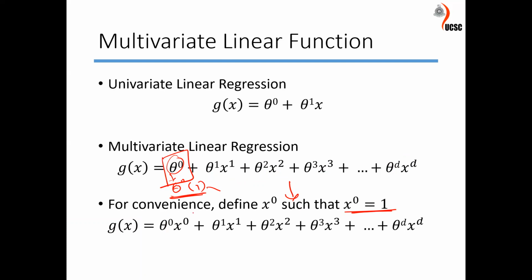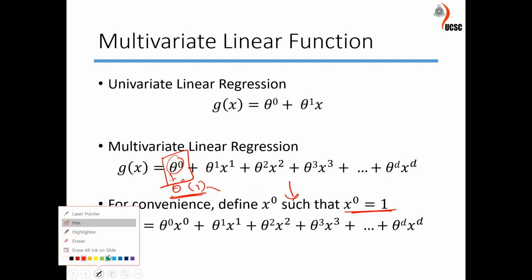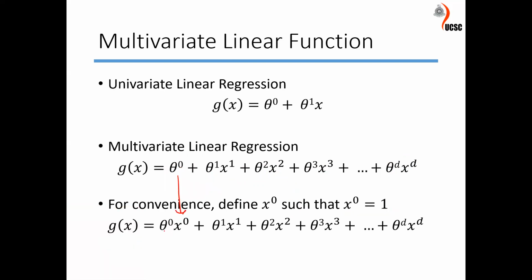So now, for convenience, we can change this into theta naught times x naught, x to the power 0. So theta 0 x0, theta 1 x1, theta 2 x2, like that. Previously we had only one variable, but in the multivariate case we have a number of dimensions.